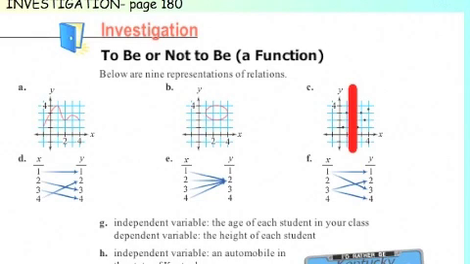F is not a function because you notice that x equals 1, I have two values of y. I have x going to 1 and also going to 3. That has the same first coordinate, so therefore F is not a function.